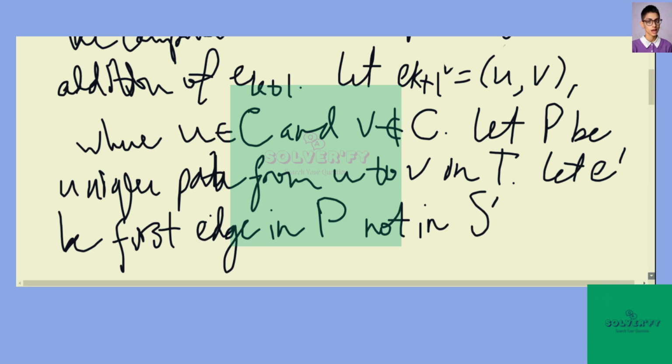And we know that this E prime exists because the two vertices are in different trees in S prime. And so this implies that E prime is incident to C.